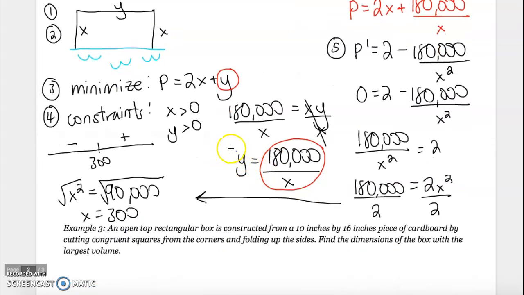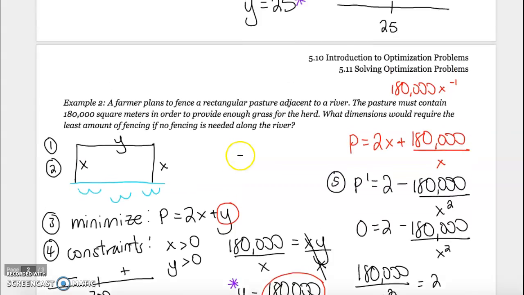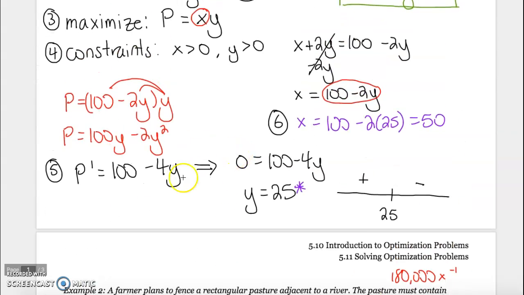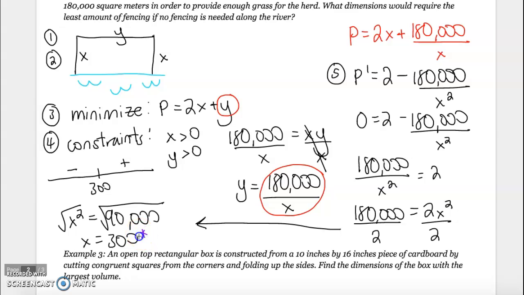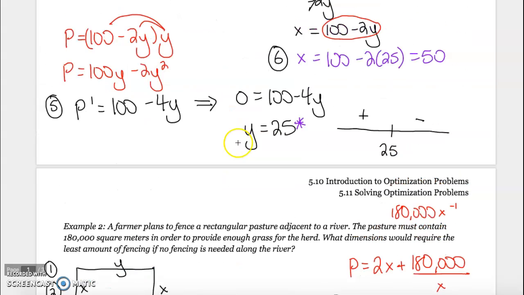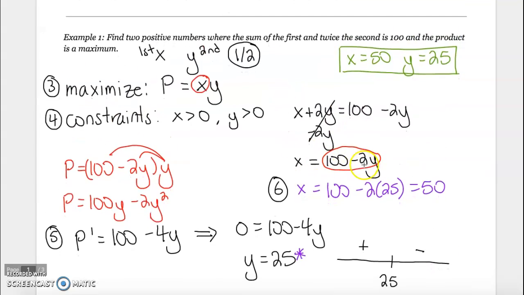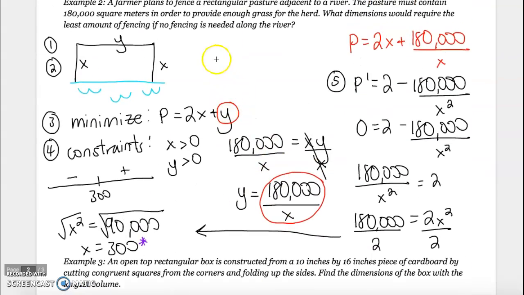So y equals 180,000 divided by 300. Not squared, just 300.